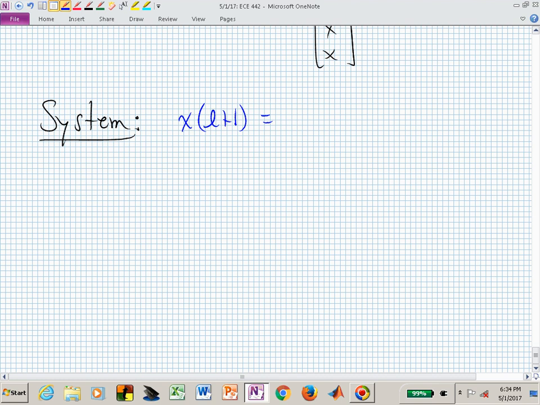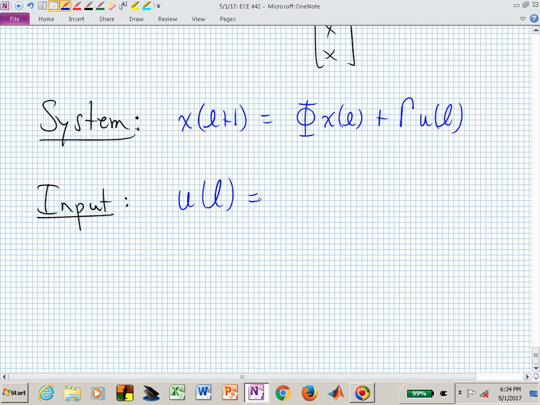It's X of L plus 1 is phi X of L plus gamma U of L. What we have changed now is we've kept full state, but we also have the reference input. So now our input to the system, little u of L, is now minus K X of L. That's the full state feedback, plus N sub 1 R of L.